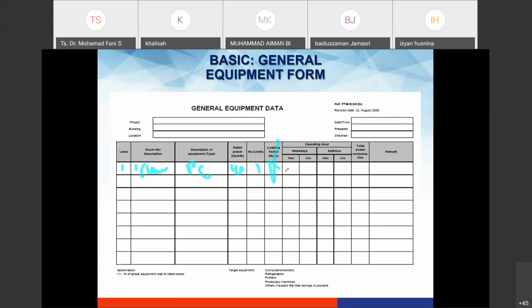Loading factor, no need. So 40 multiplied with 12 for the working days. Another one, a fan, for example. We do the same way to calculate the total power consumption in kilowatt hour.